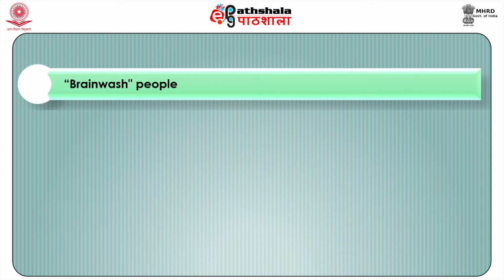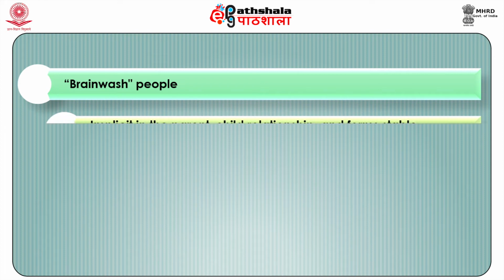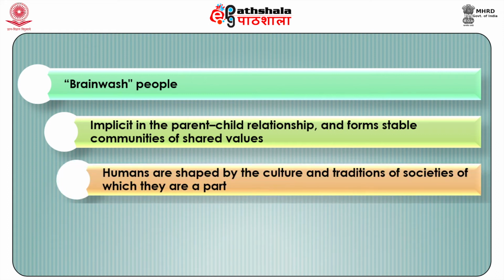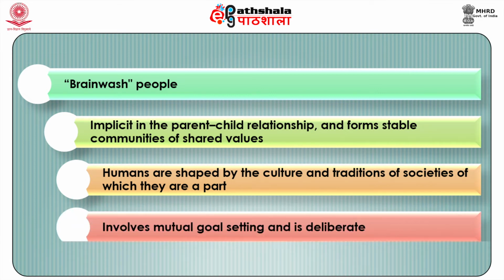Indoctrinate simply means to brainwash people. Indoctrination is implicit in the parent-child relationship and has an essential function in forming stable communities of shared value. Humans are social animals and are shaped by the culture and tradition of the societies of which they are a part.